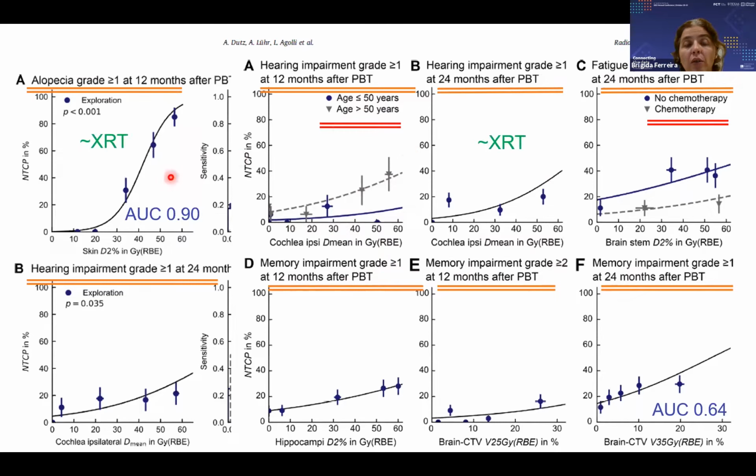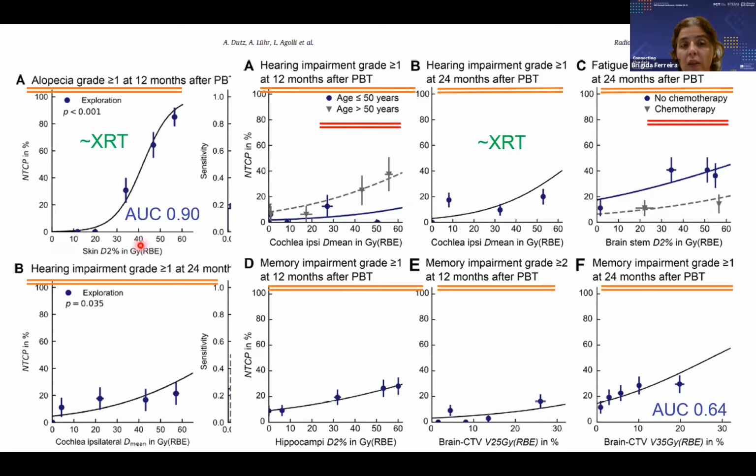They also found that for alopecia and hearing impairment, the dose response models for protons were quite consistent with those obtained with photon beam radiation therapy.